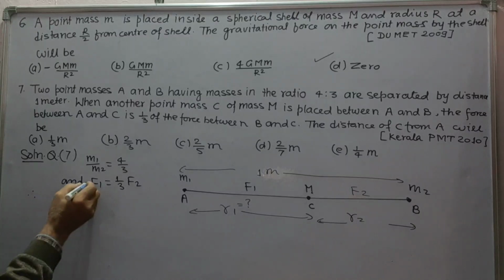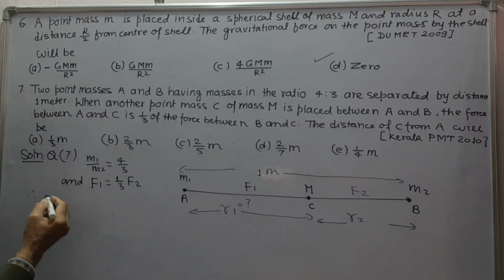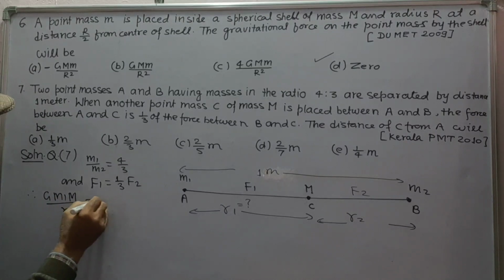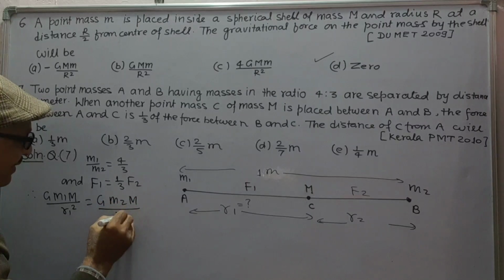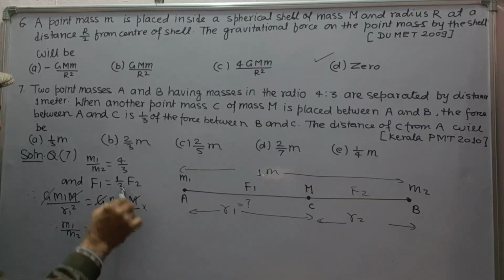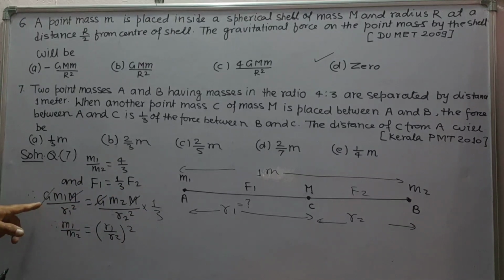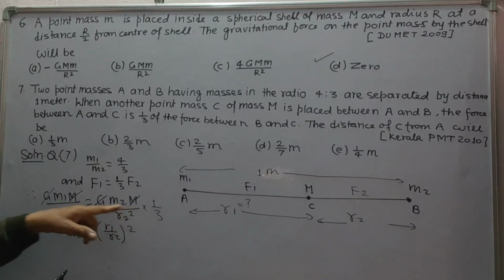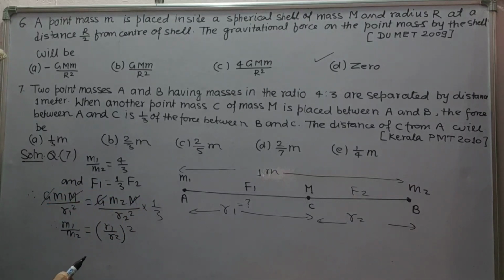So F1 will be the gravitational force between A and C, between M1 and capital M. G M1 capital M upon R1 square will be equal to G M2 capital M upon R2 square into this 1/3. So F1 is equal to 1/3 F2 according to the question. Hence G M1 M upon R1 square will be equal to 1/3 G M2 M upon R2 square. Capital G and capital M get cancelled.